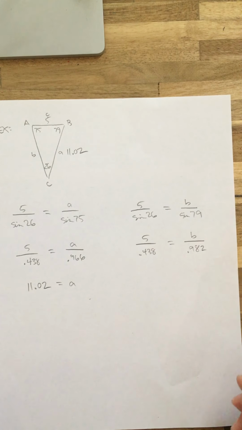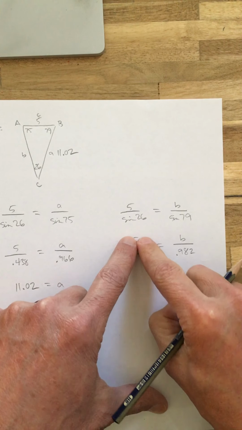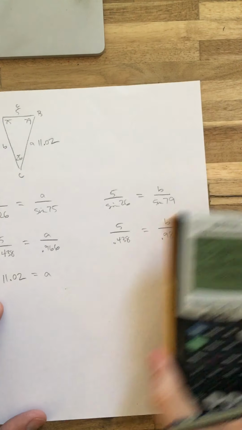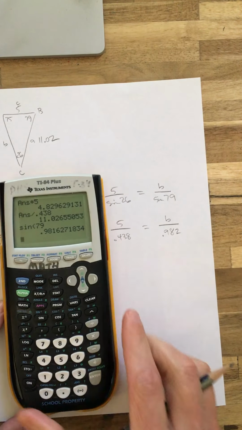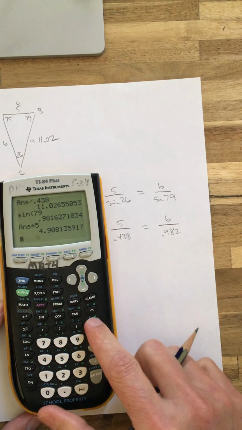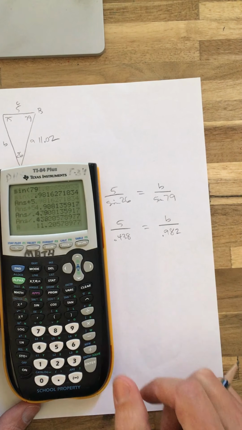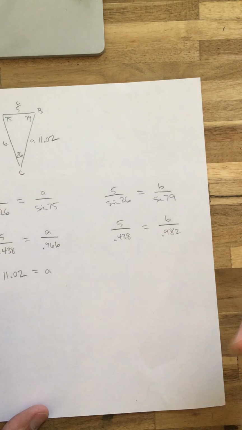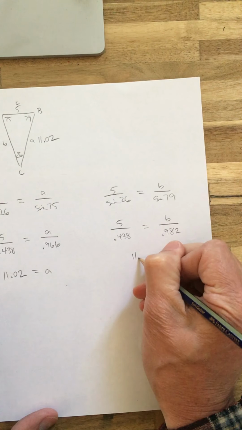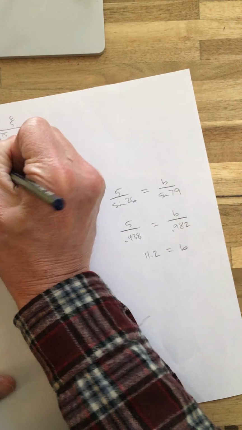I don't know where to round, whoever knows. Now I just need to multiply that by the 5 and then divide by 0.438. And we get 11.2, which sounds right to me. So B equals 11.2.